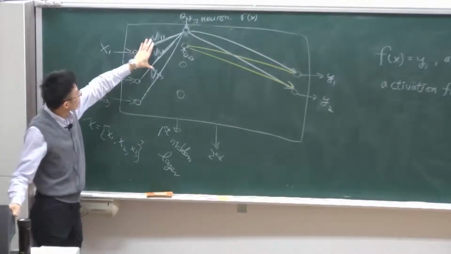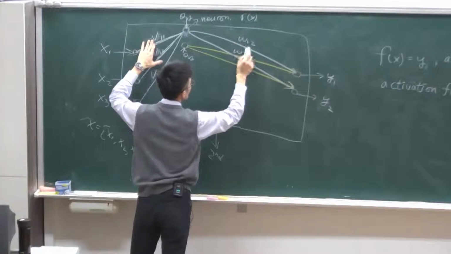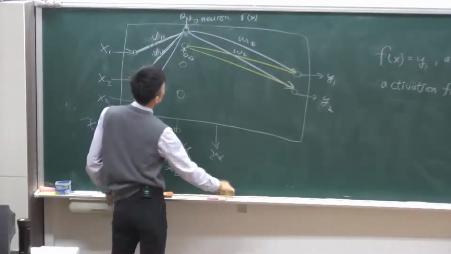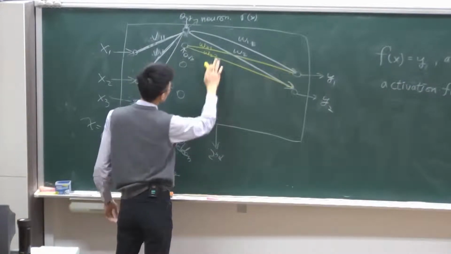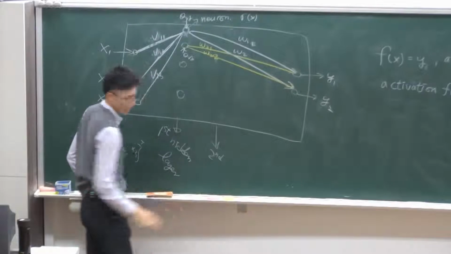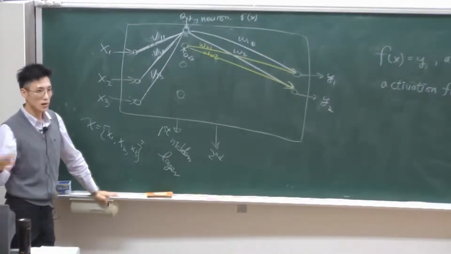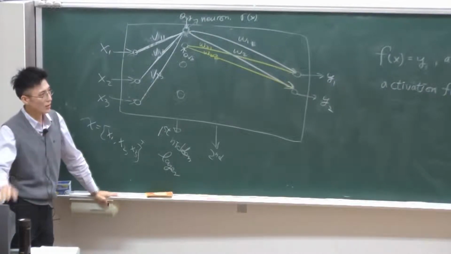So all this weighting V and W are the unknown constants that you need to update, similar to the adaptive control.